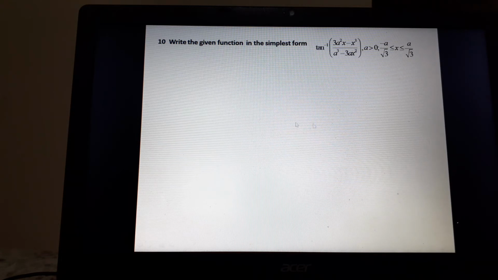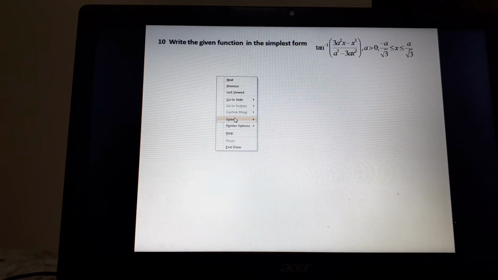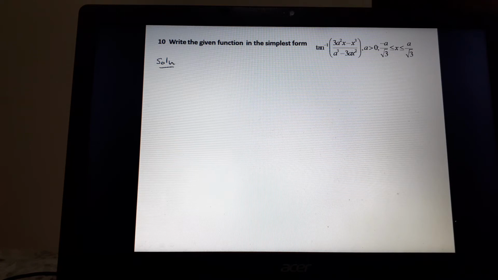So next, 10th question. So given tan inverse of 3a square x minus x cube divided by a cube minus 3ax square, but the condition is actually a strict inequality.